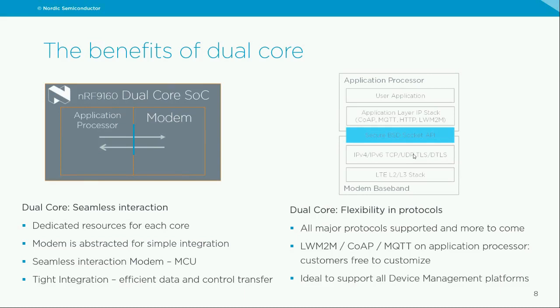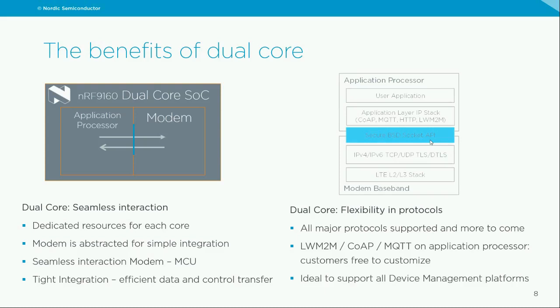The secure BSD socket interface between everything that resides in the modem side and what resides in the application side is something that you can set up to do a lot of things. You have 8 generic sockets here that you can use for UDP, TCP, TLS, and so on, or for AT commands to configure network and modem settings through traditional AT commands.